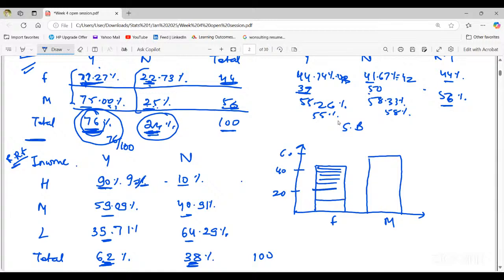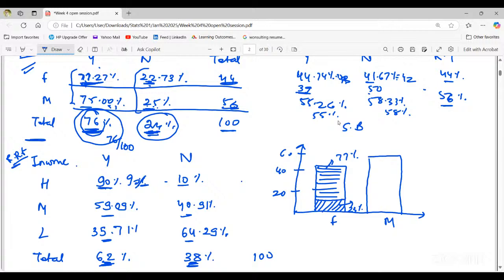So this is the number of females who are owning a smartphone, and this is the number of females who are not owning a smartphone. This is 77%, and this is 22%, 23%. So I've divided this bar into two segments, owning a smartphone and not owning a smartphone.